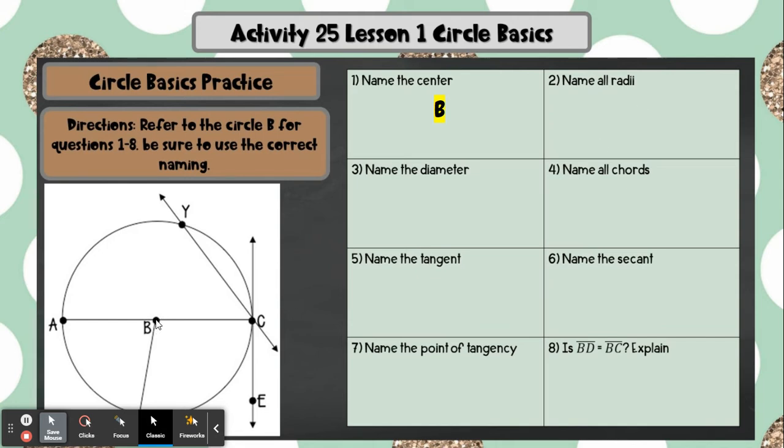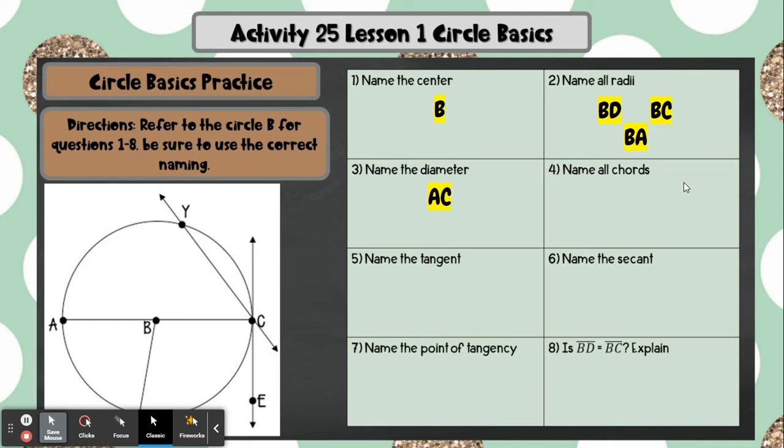Look at how many things start at the center and end on the circle. So I have BD, I have BC, and I have BA. So there are 3 of them. Name the diameter. That goes all the way across. AC.